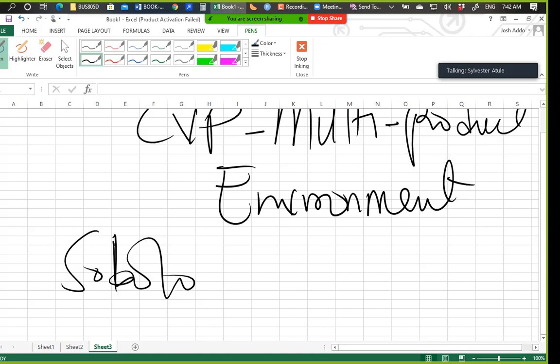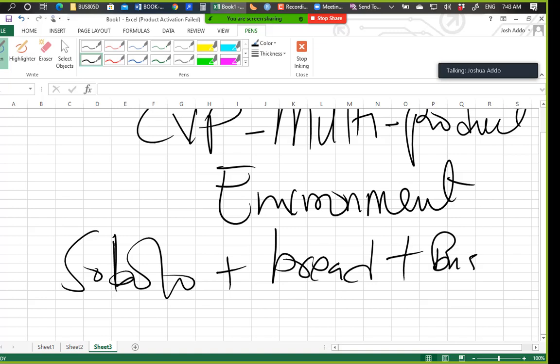Sobolo plus, let's say, bread and maybe biscuits. So this is what a typical small business is into. This is what it sells.